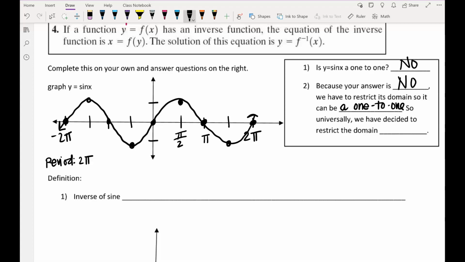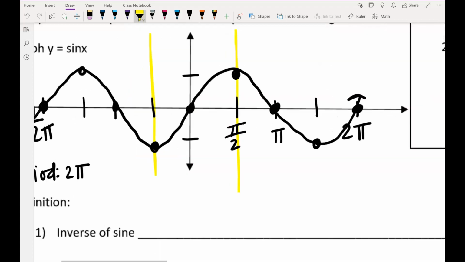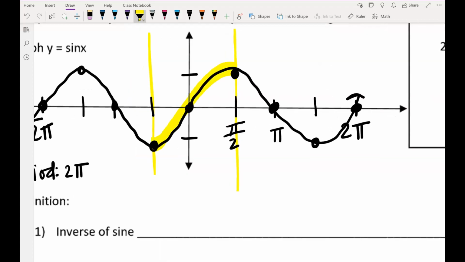Okay, Jean said, I'm going to cut off from negative pi over 2 to pi over 2. Is that okay? I'm going to take a different color. And so Jean went, okay, well, I'm going to cut off here and here. Is this right here one-to-one? Okay, anywhere else that we can cut off?